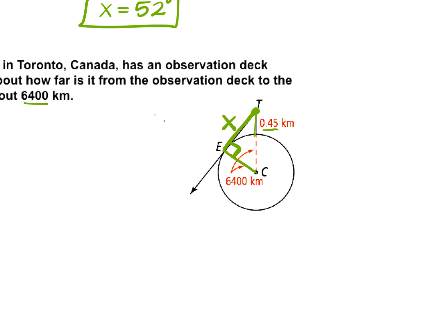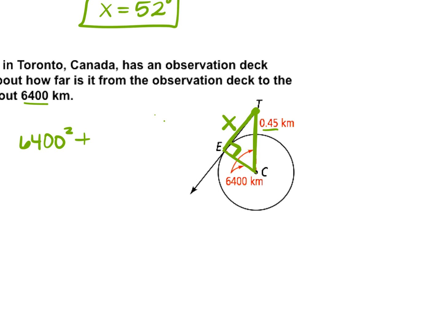This is a right triangle, and we know 2 of the 3 sides. So in this triangle right now, I know 6,400 squared plus what? Plus x squared. Plus your unknown side, right, is the other leg.